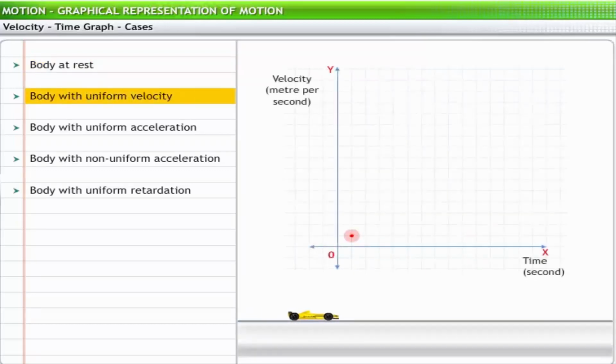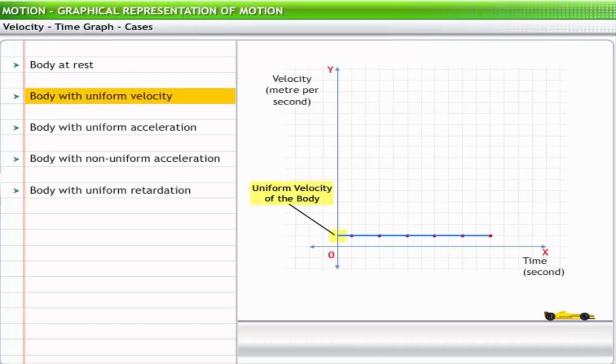When a body moves with uniform velocity, there is no change in the velocity with respect to time. Therefore, the velocity time graph for a body with uniform velocity will be a straight line parallel to the x-axis. The point where the line intercepts the y-axis shows the magnitude of the uniform velocity of the body.